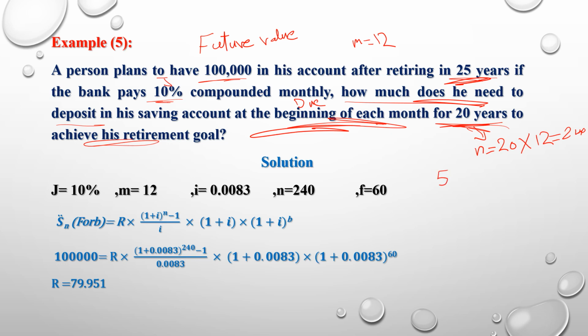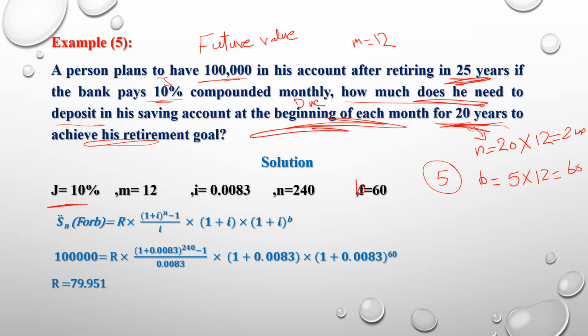The accumulation period equals 5 years, as the man would still deposit in his account only for 20 years, and he wants to have $100,000 after 25. So this is an accumulation period equals 5 years, and B equals 5 times 12 equals 60.